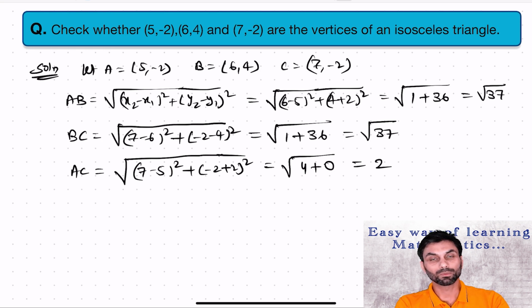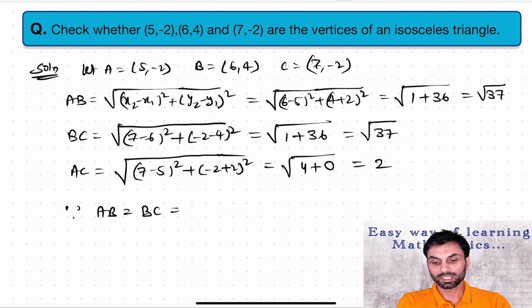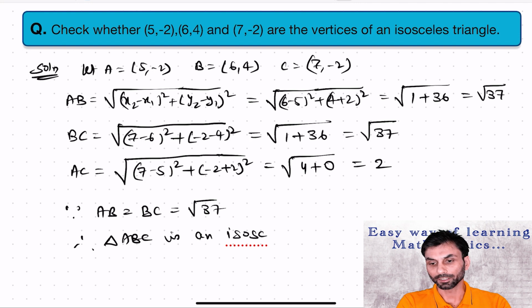Here one more thing we need to check is whether the points are collinear or not. If you observe, in this case we do not have the sum of two side lengths equal to the third. So we can say that since AB equals BC, which is root 37, therefore triangle ABC is an isosceles triangle.